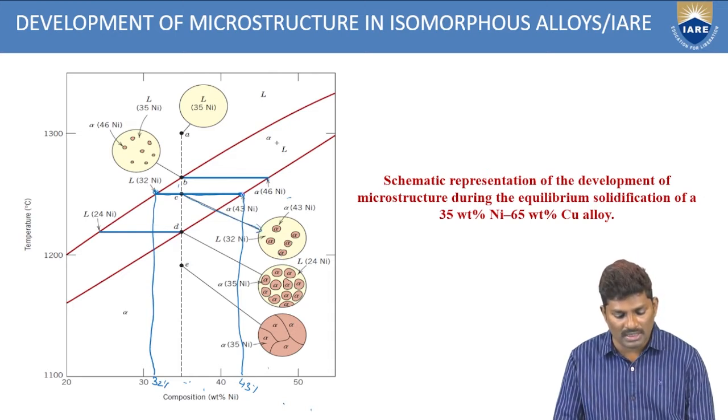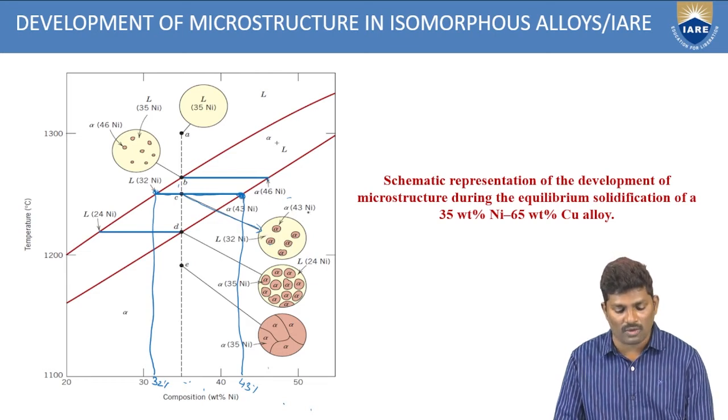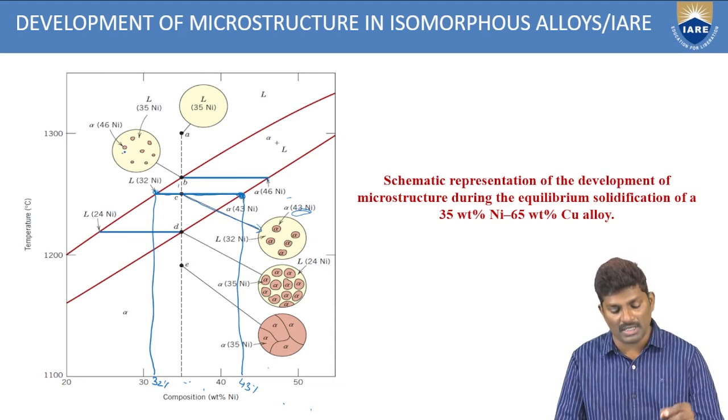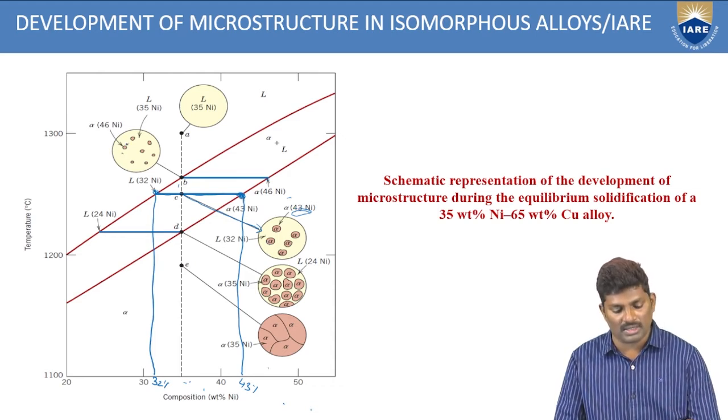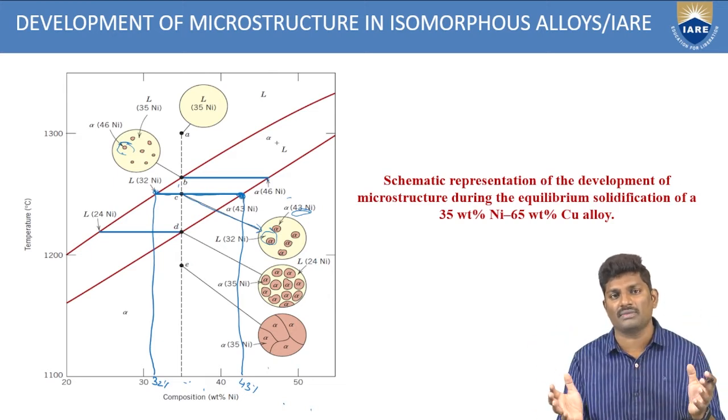This point refers to the solid particles, the alpha region. That's why there is an increase in the size of alpha here. What is that alpha? 43% of nickel. Now if you compare the point B with C, you can clearly observe a difference in the nucleates, a difference in the solid particles. That is, there is an increase in the size of the solids.